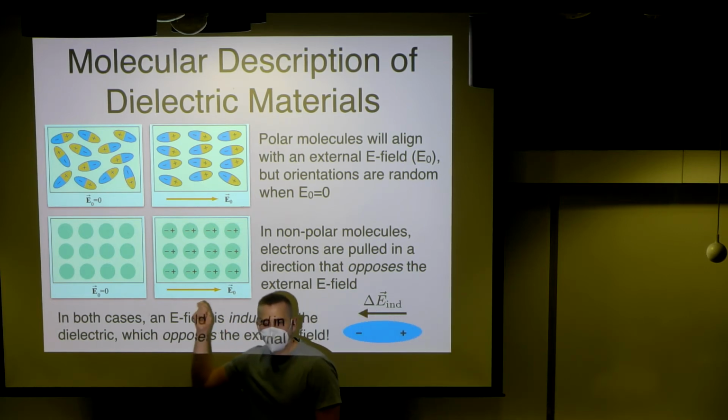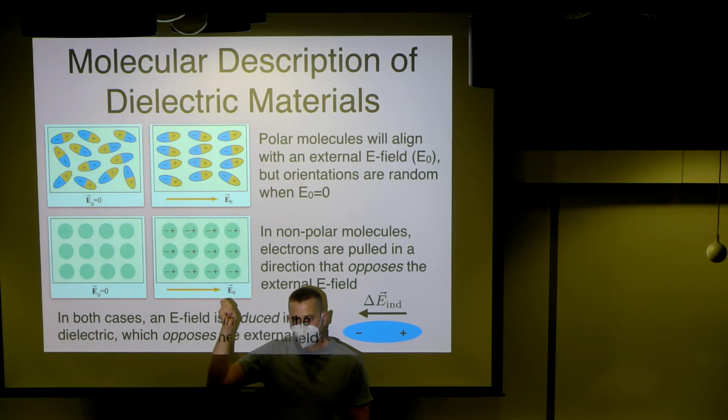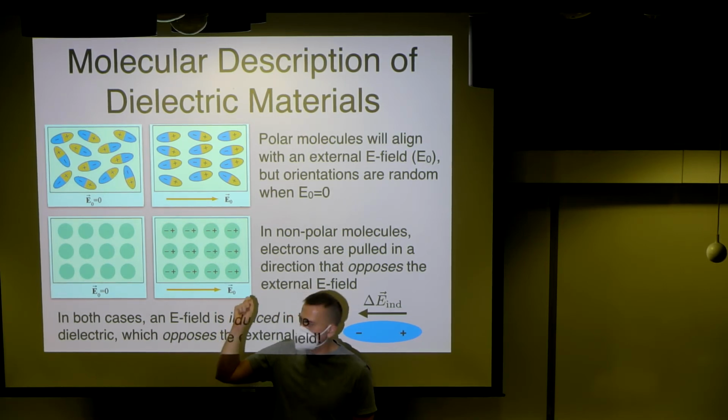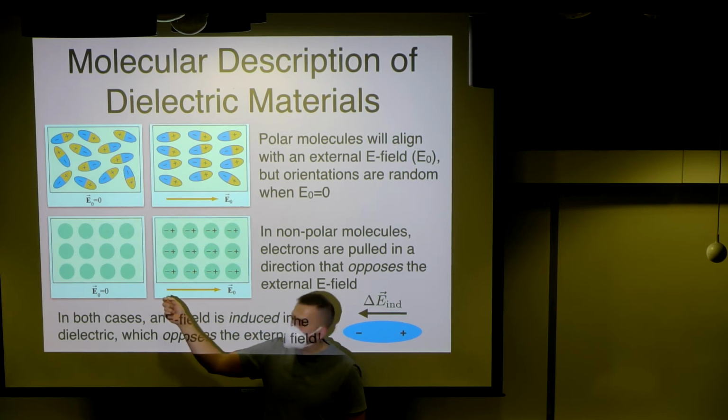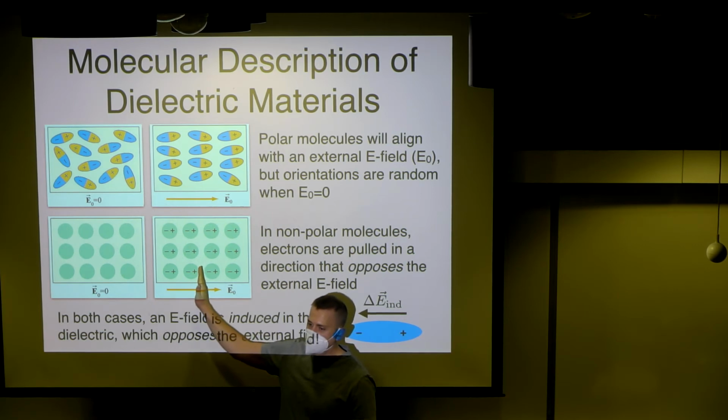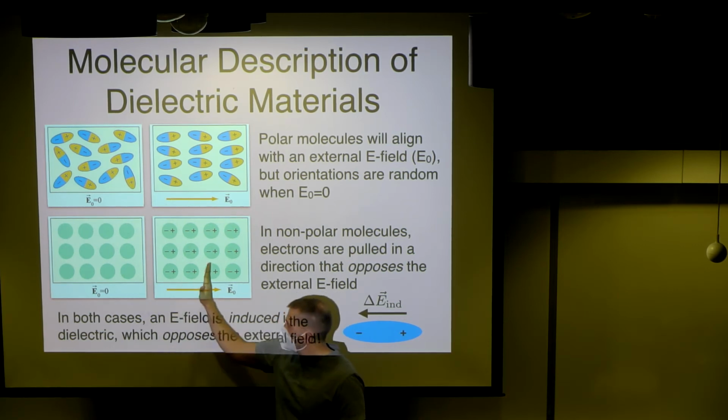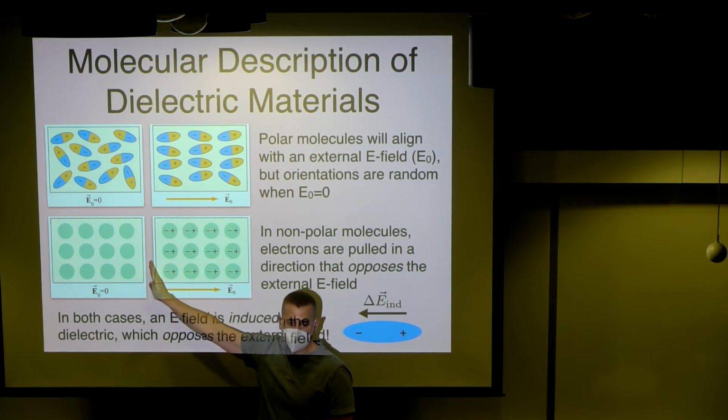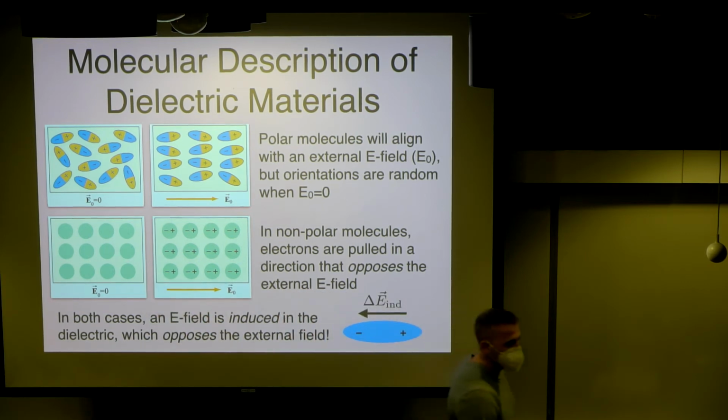Inside of these molecules, you have electrons. Okay, and what do electrons tend to do? They're negative charges. They tend to be pulled in the opposite direction as the E field, right? So electrons in these molecules, even though they're not originally polar, are going to shift this way to the left against the E field. You see that?